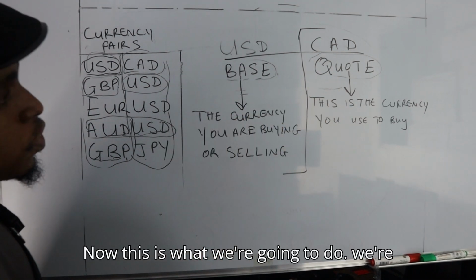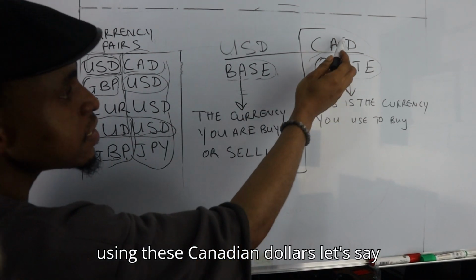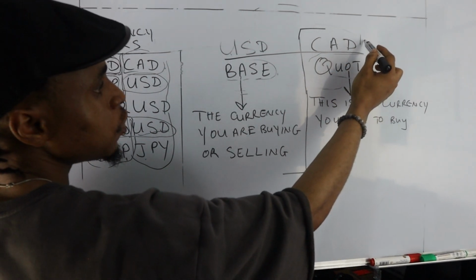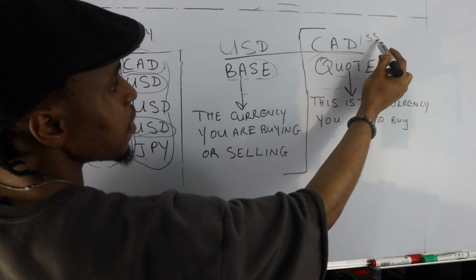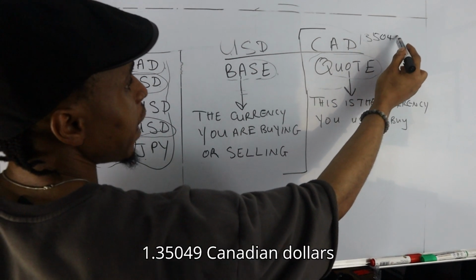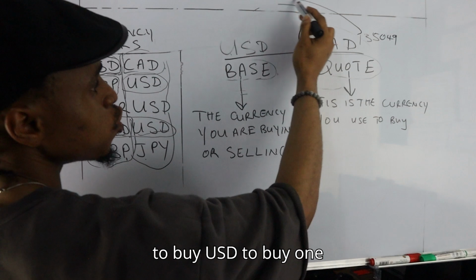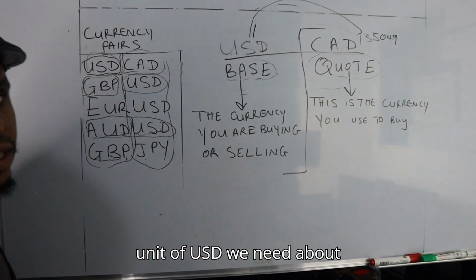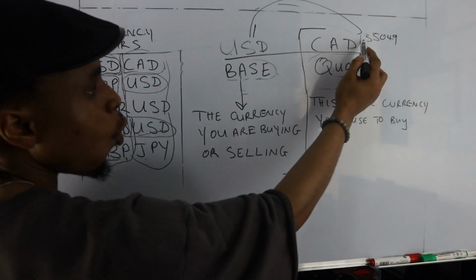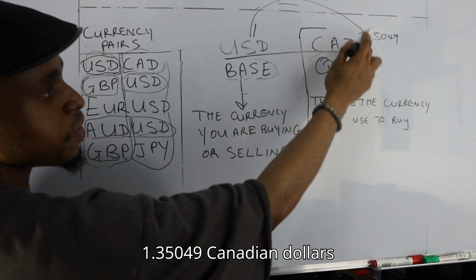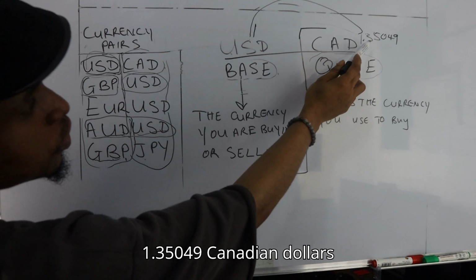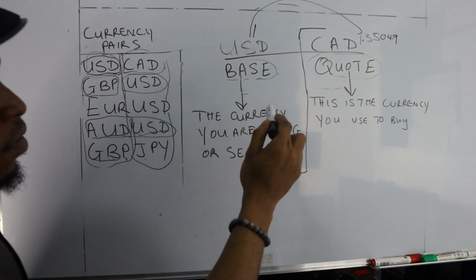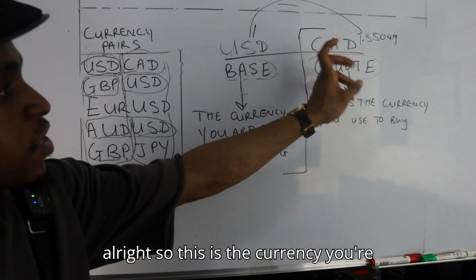Now, this is what we are going to do. We are using this Canadian dollar. Let's say it's going to cost us about 1.35049 Canadian dollars to buy 1 unit of USD. We need about 1.35049 Canadian dollars to buy USD. All right, so this is the currency you're buying with.